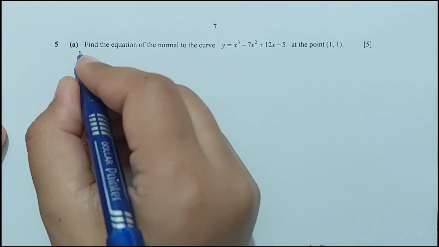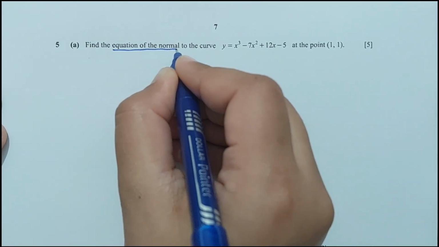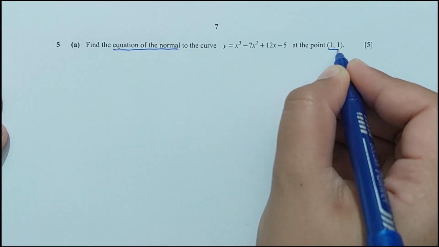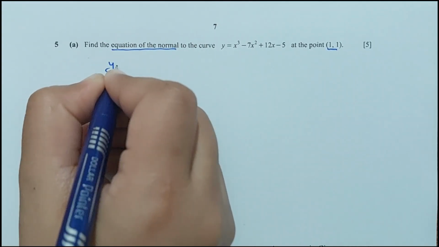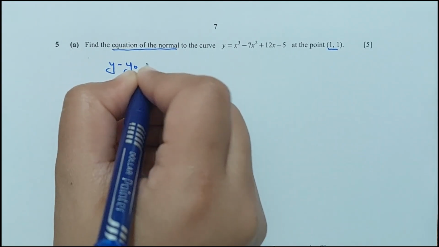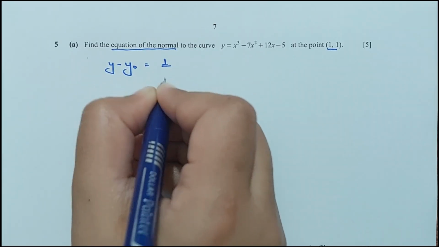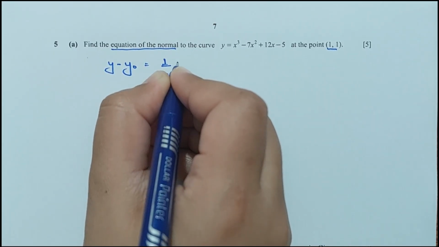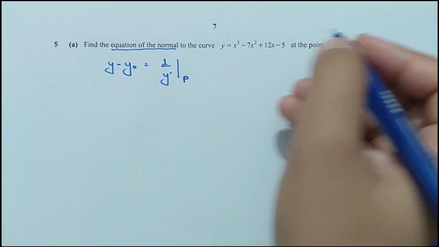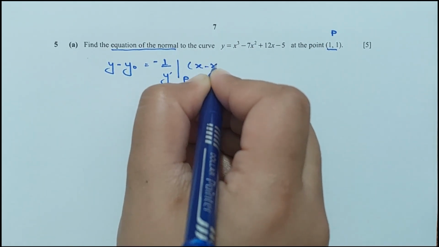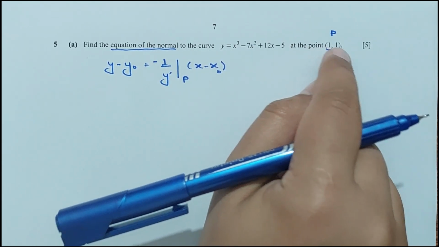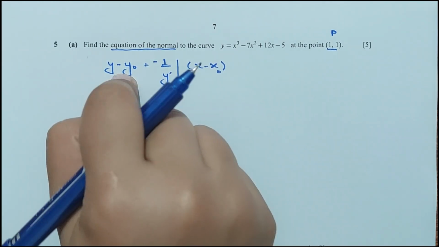Question number 5, part A. Find the equation of normal to the curve at the point 1, 1. First we write down the equation of normal, which is y minus y naught equals negative 1 over y prime at the point P, times x minus x naught. This point is x naught, y naught, which is 1 and 1.